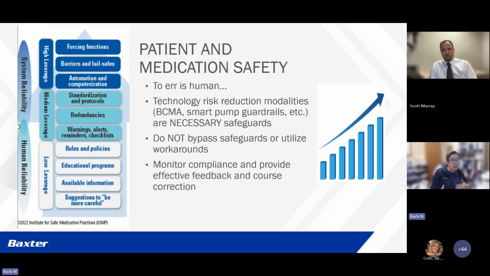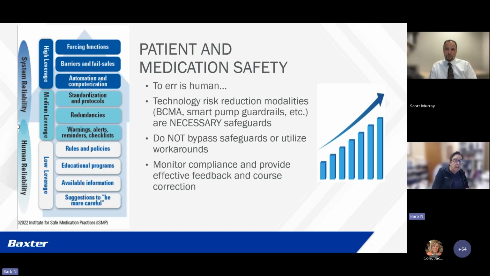But looking at granularity, I know a facility that had a significant downturn in their barcode administration or scanning rates, and they looked into it, got down to the individual user, and found that a traveler accounted for a significant number of the failures to scan. She didn't realize she had to scan both the med and the patient. Apparently that was missed in her onboarding. There were probably errors that occurred that were missed.